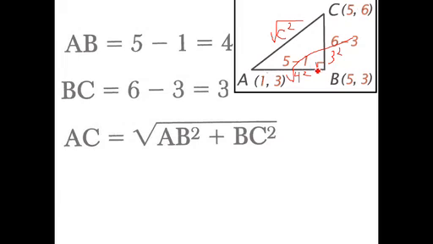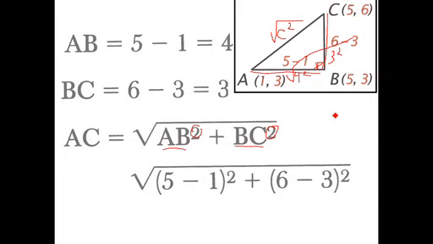The squares of the 2 legs added together. So that's what you see down here. You see AB is 1 leg up here, and BC is the other leg right here. We've squared them both, like you do when you're working in the Pythagorean theorem. We took the sum of them, and then we took the square root to find the length of AC.